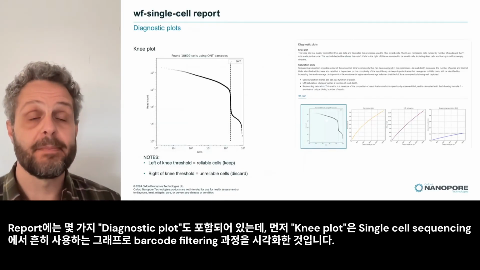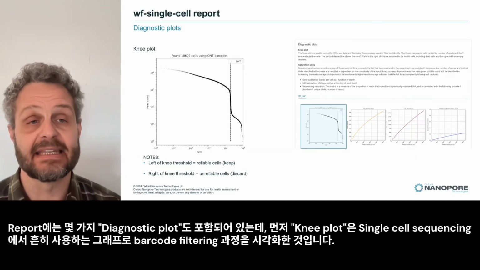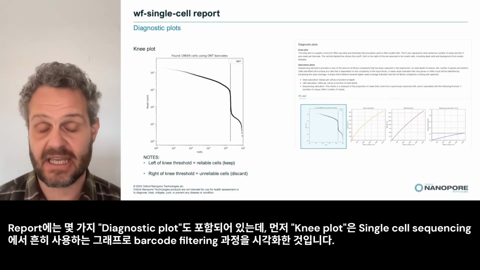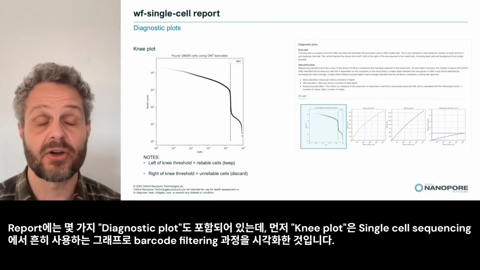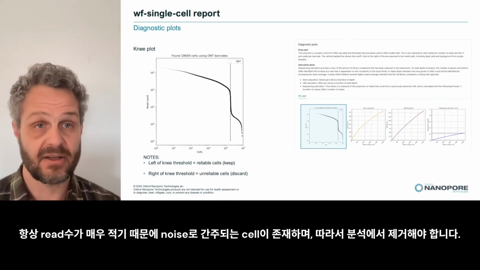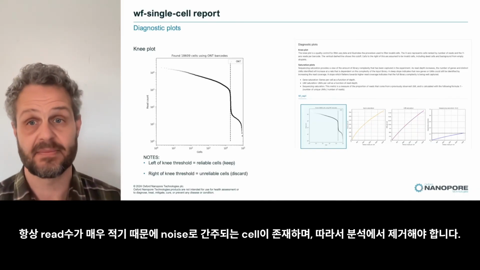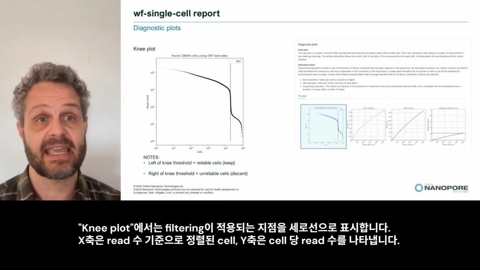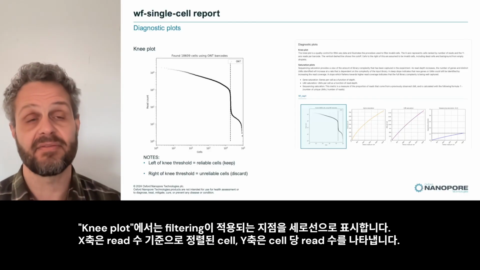Then we've got some diagnostic plots in the report. The first is the knee plot, and this is a common plot that you'll see in single cell experiments, and this serves as a visualization of the barcode filtering process. In any single cell prep, there'll be cells with low read count, which will be noisy and you'll want to remove from your analysis. In the plot, we can see the vertical line where the filtering occurs.